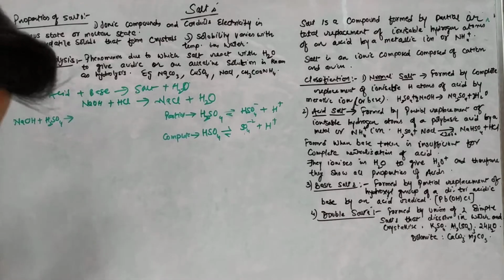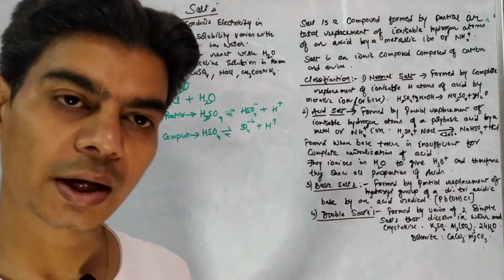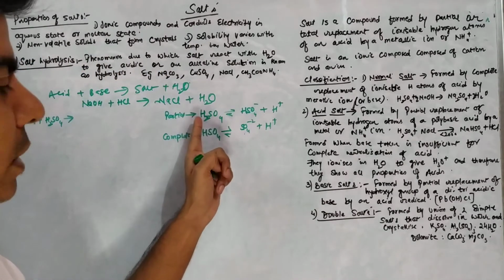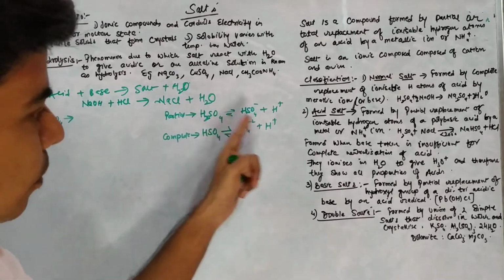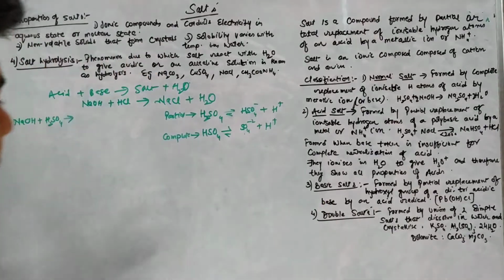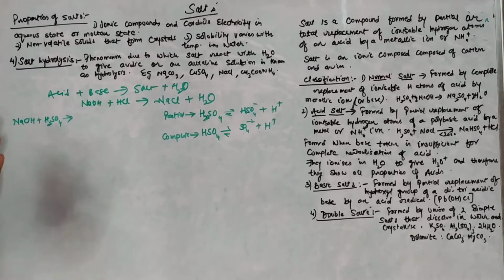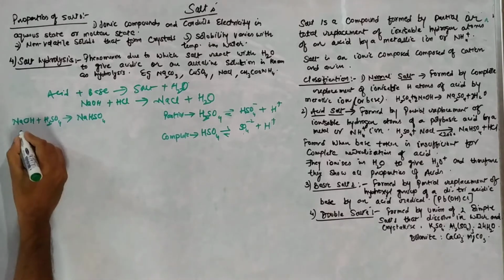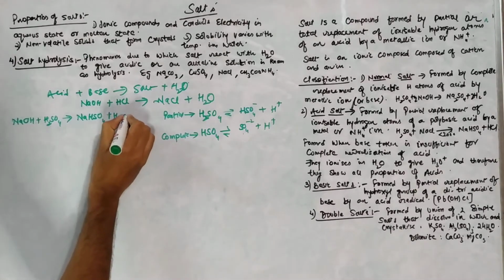Partial means when all the hydrogen atoms are not ionized. Here only one hydrogen atom ionizes to give you bisulfate ion. In the second step both the hydrogen atoms are ionized. So when both the hydrogen atoms are not ionized, sodium hydroxide will react with sulfuric acid to give you NaHSO4. Sodium ion has replaced only one hydrogen atom to give you water, right?